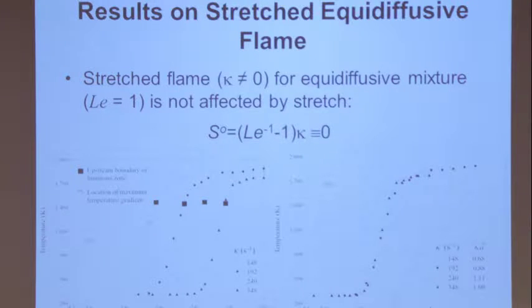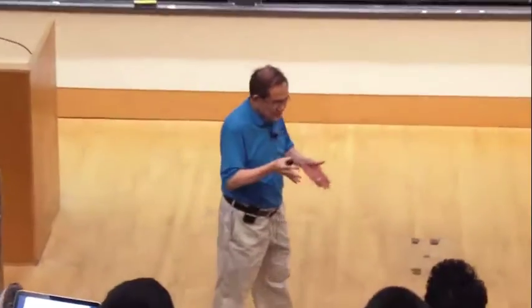All right, let me show you some results. One interesting thing, which actually took a while for people to appreciate, and right now is still not totally appreciated, is what happens for a flame in which the Lewis number is equal to 1. For the longest time, people didn't appreciate the influence of the Lewis number.